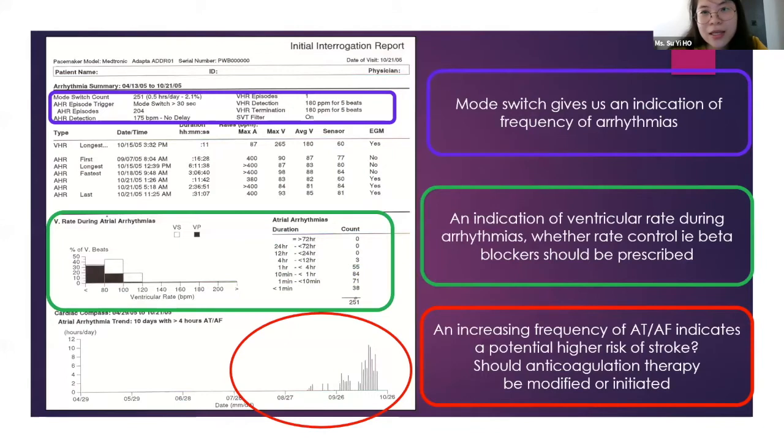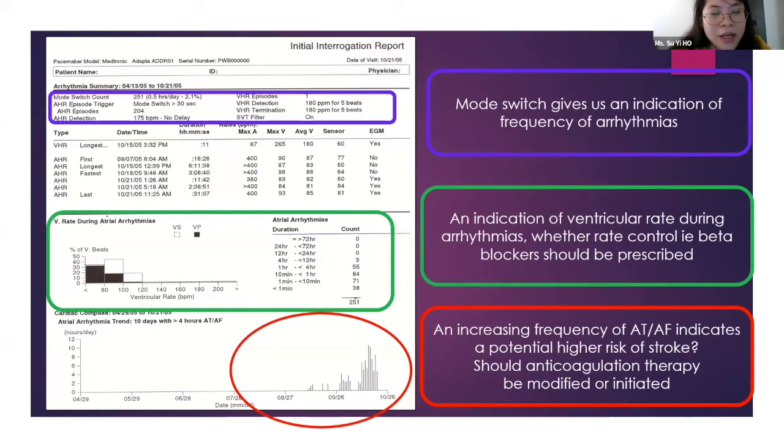Using this illustration, this component is useful to tell us a story of the patient's existing arrhythmia issues. The mode switch will give us an indication of how frequent and how long the patient is having episodes of probably AF, and the ventricular rate during atrial arrhythmia will give us an indication, if the patient is in AF, of how fast the rate can go.